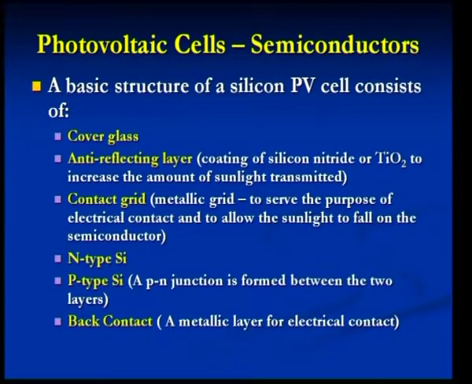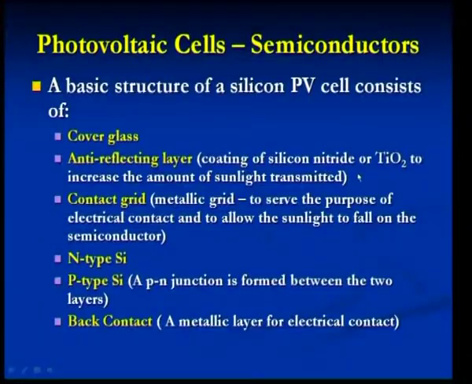A very basic structure of a silicon based photovoltaic cell may consist of the following layers. The first layer is called the cover glass, which is a transparent cover at the top to protect the whole cell, and you have an anti-reflecting layer just below the cover glass.